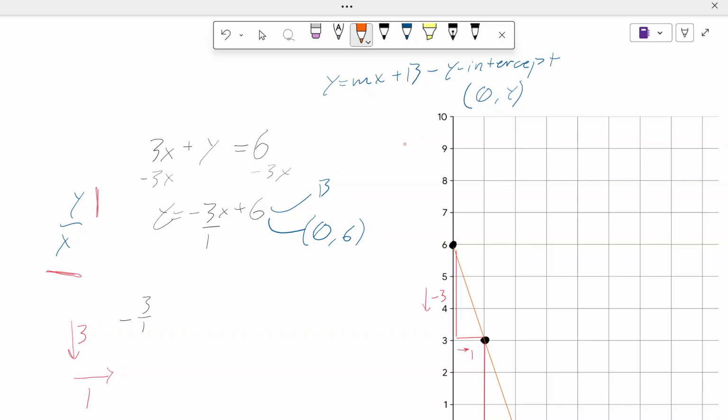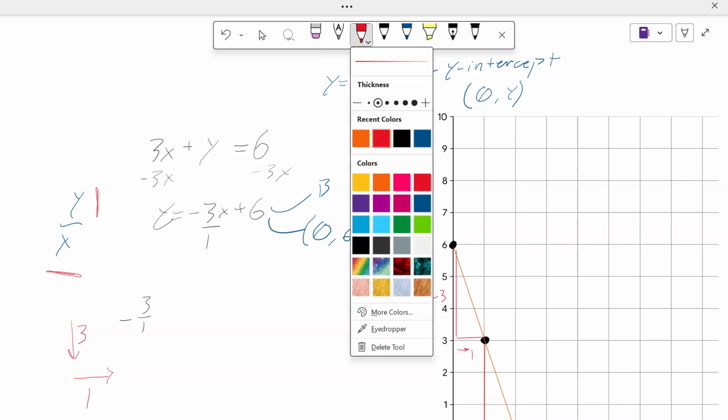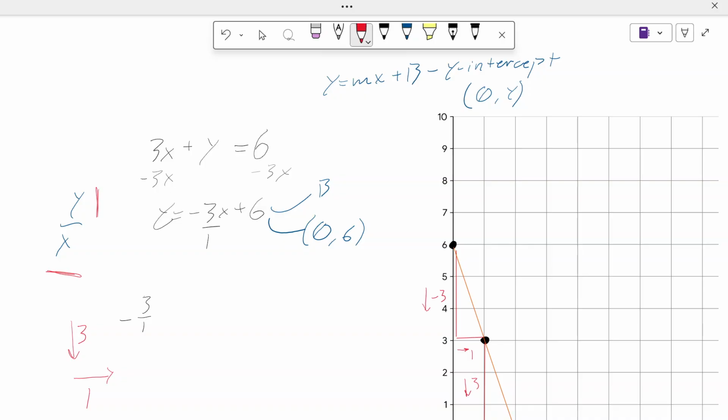Now, we did the same thing here. We went down 3 and over 1, and the reason we went down is because we have a negative 3. And so we have already drafted our whole graph right here. We can keep going, but it's unnecessary.